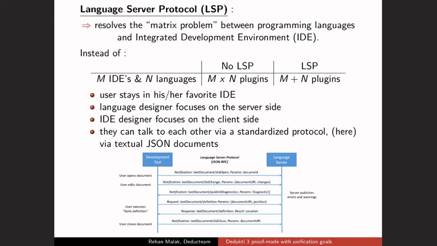This protocol defines the basic features you can dream of when developing: jump to the definition of a particular symbol, completion, general notification, etc. So currently, Dedukti 3 is well integrated with Emacs and VS Code. And these two environments share the same LSP server that could be used for other editors as well, Vi, Sublime Text, or whatever.